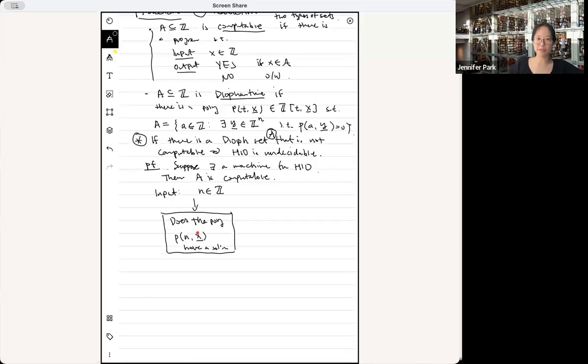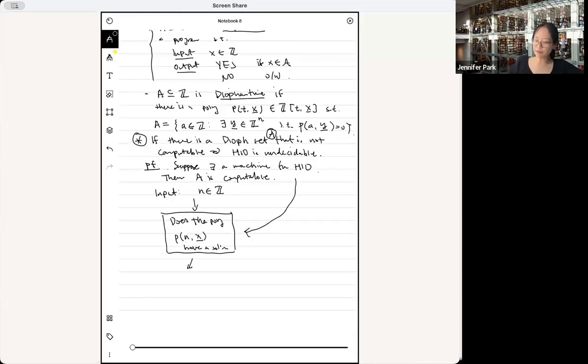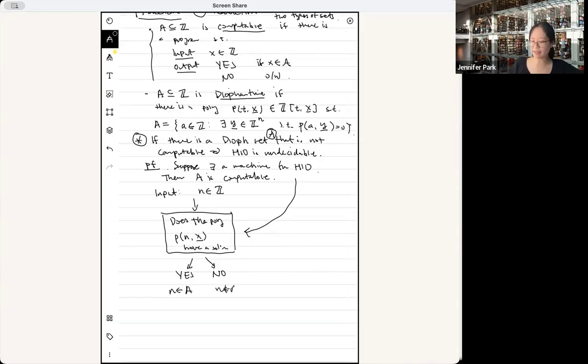So now this is a polynomial only in x. If this thing existed, then it should be able to say either yes or no. If it says yes, that means that n is in A. And if it says no, then n is not in A, because that's literally the definition. So that means that A is computable, which is a contradiction, because I said A is a Diophantine set that is not computable. But if Hilbert's 10th were decidable, then every Diophantine set is computable. So there's a contradiction.